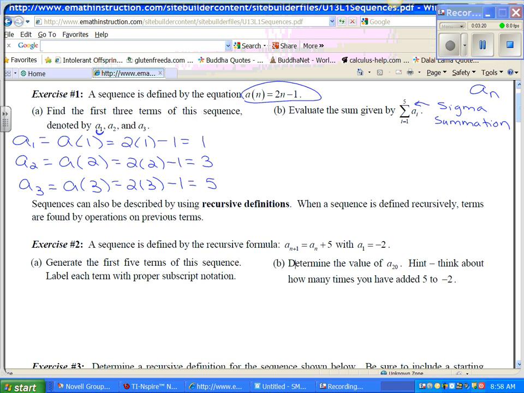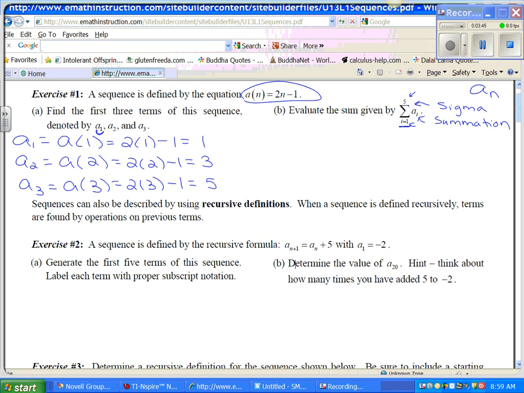All right, now here's the key to this. The variable is what? i. So everywhere you see a variable, a sub i, we're going to plug in a value, okay? The values that we're going to be plugging in go from our lower bound, which is 1, all the way to our upper bound, which is 5, okay?